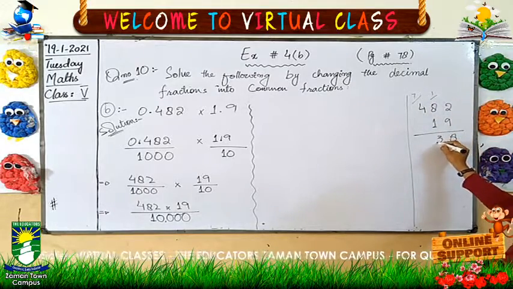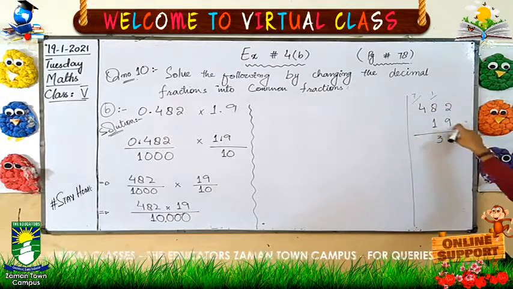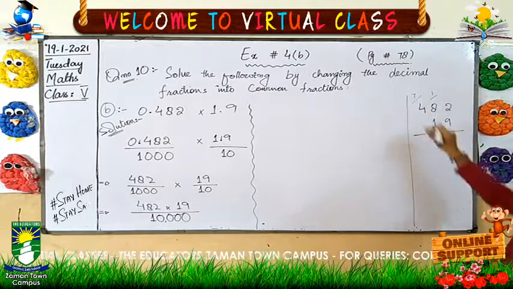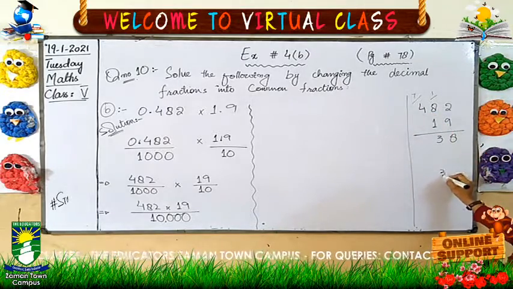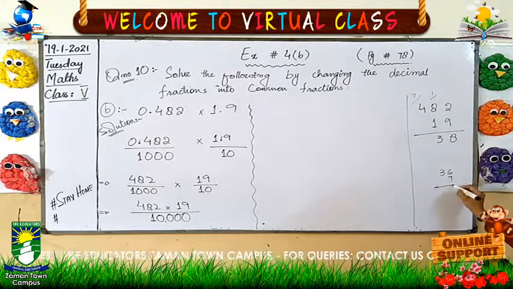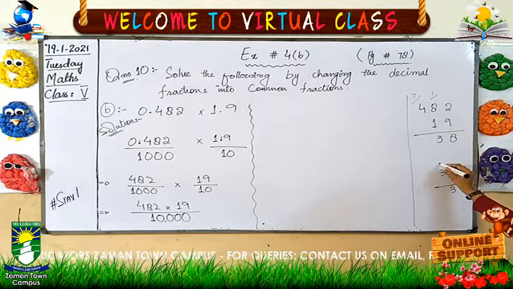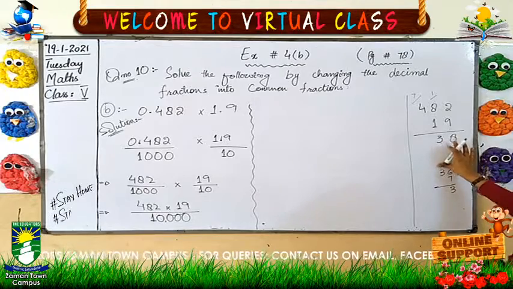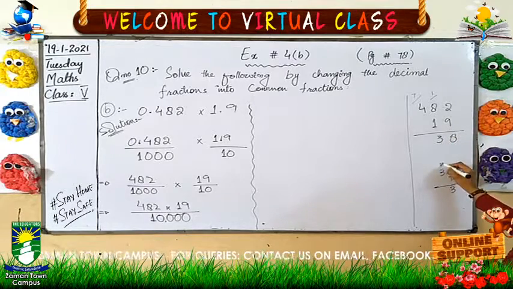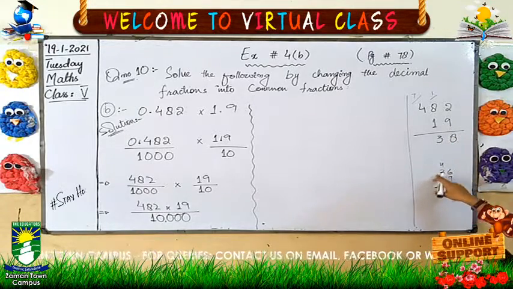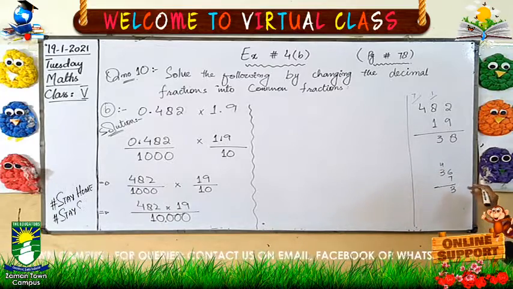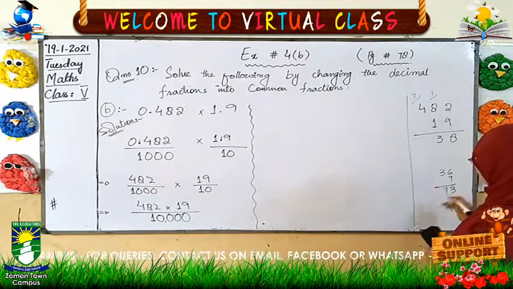We write down 3 here. 7 will be carried. 9 fours are 36 plus 7 will be 43. And then 73.